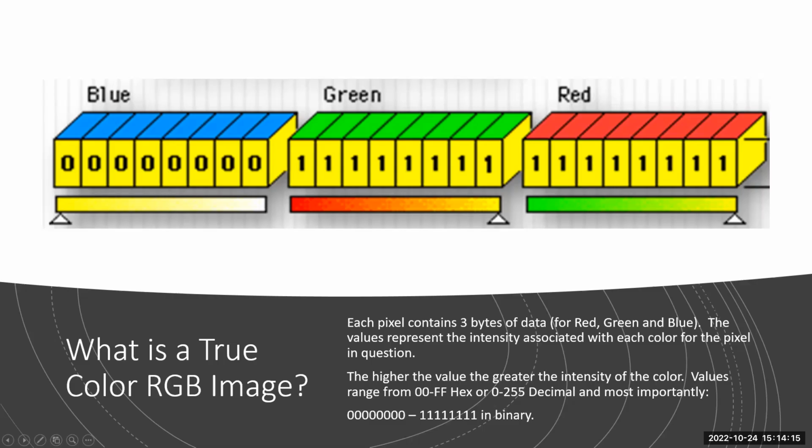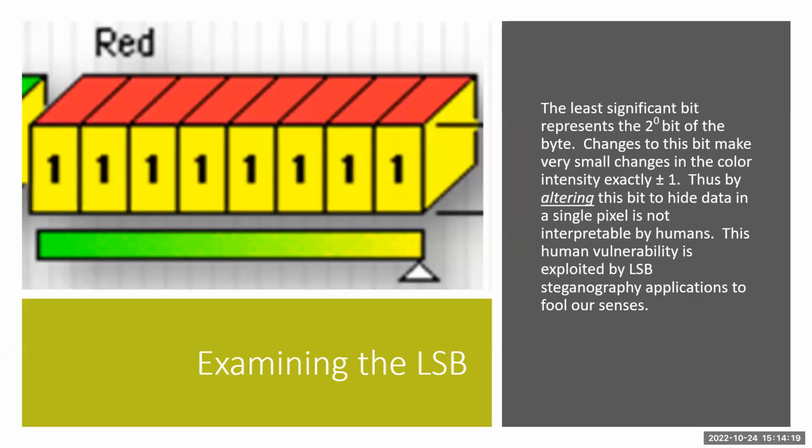So that's going to be incredibly important for us as we look at this. So again, the least significant bit, that is what we are going to seek to change in terms of being able to hide data. Again, the least significant is kind of self-explanatory in that the slightest change to it isn't going to be noticeable enough from a human perspective, which is why we're going to look to make changes and hide data there.